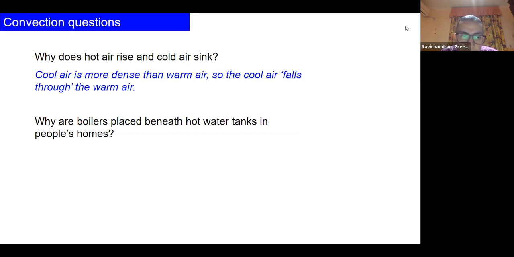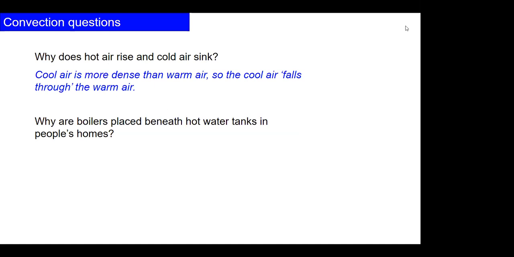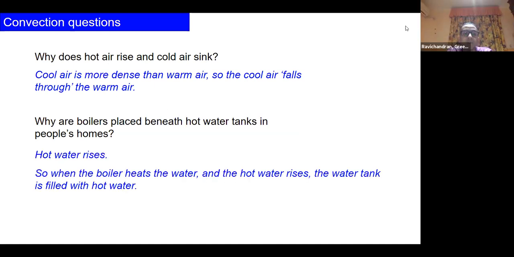The water becomes hot, and there is circulation and movement. The air space between the water tank and the clearance area will get hot and increase. What happens to the pressure? It increases. So hot water rises. When the boiler heats the water and hot water rises, the tank is filled with hot water. So we need safety, correct? Correct.